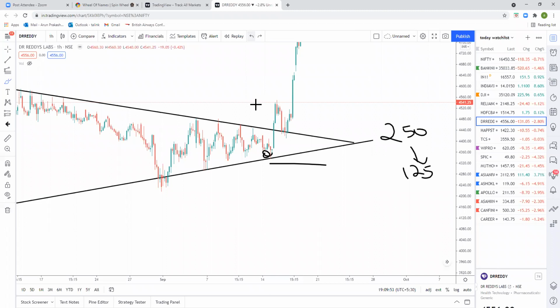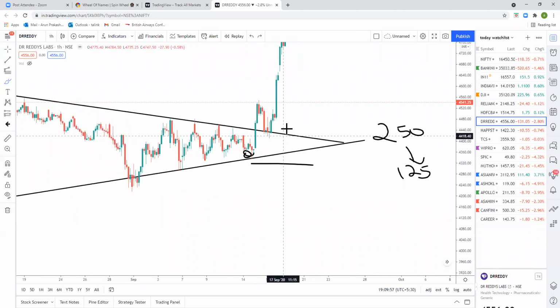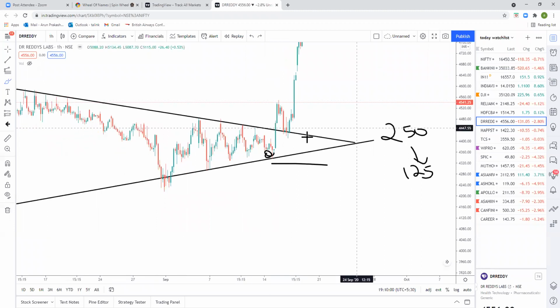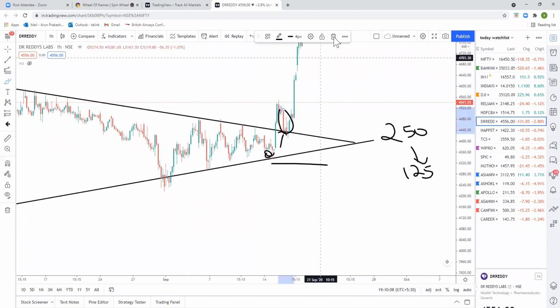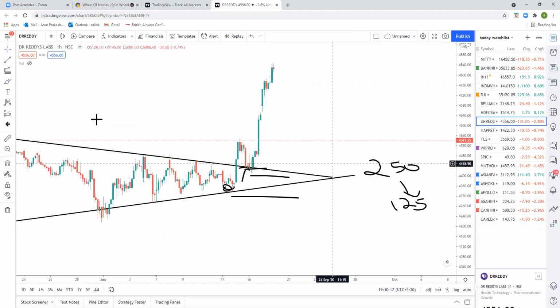Now, when it came down for a retest, this is where I entered again with 1 lot, because I wasn't comfortable with this huge bearish candle. So I just went for 1 lot. My stop loss was below. Then the next day, it consolidated for 1 or 2 hours till 11:15, and then it shot up, and see what happened here.